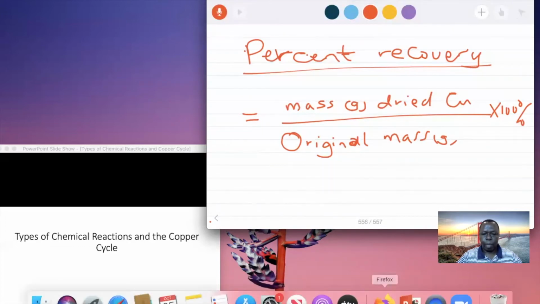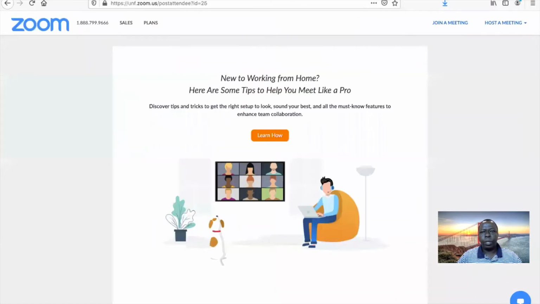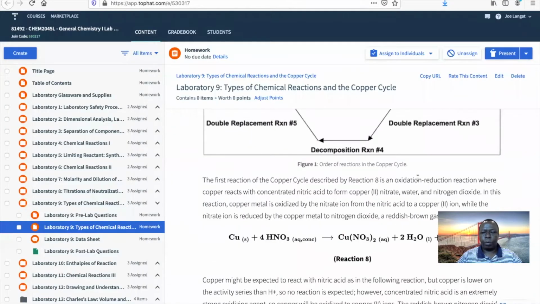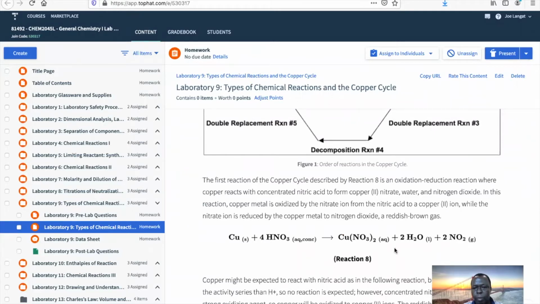In the lab manual, let me just show you the kind of equation I'm talking about, from equation number 8 all the way to 13, all right?